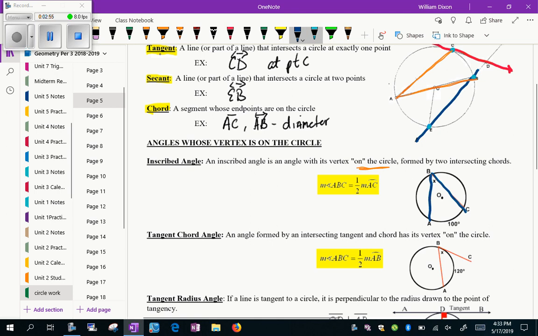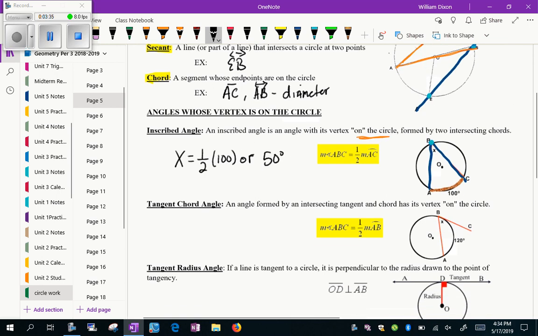And the vertex is B. And the relationship between this inscribed angle, X, and the arc that it intercepts, AC, is that it's half the arc. So X equals 1/2. Well, this arc that it intercepts is 100, so 1/2 of 100, or 50 degrees.